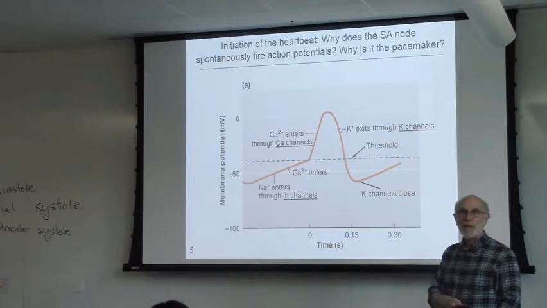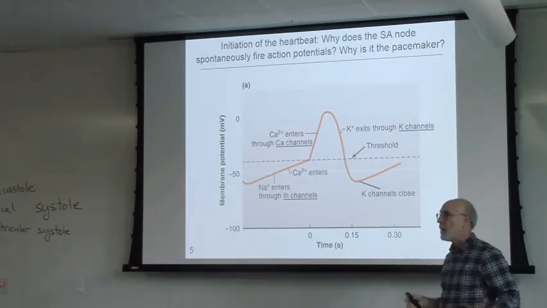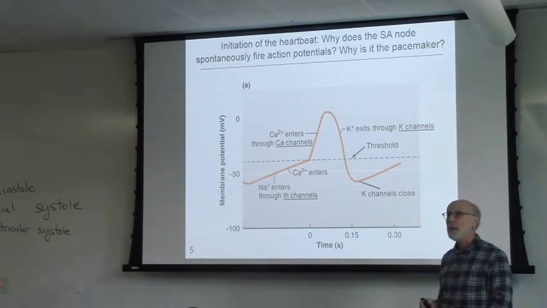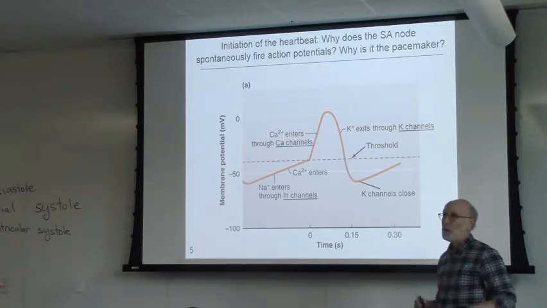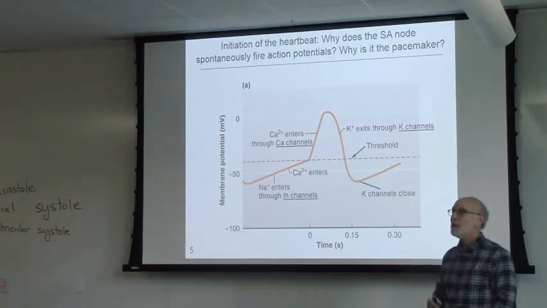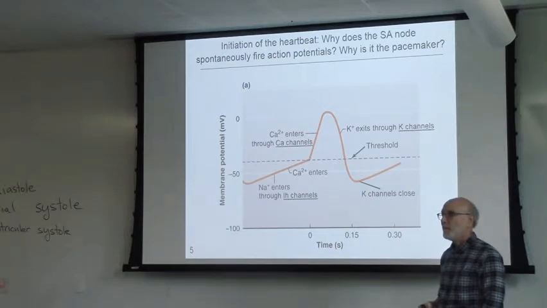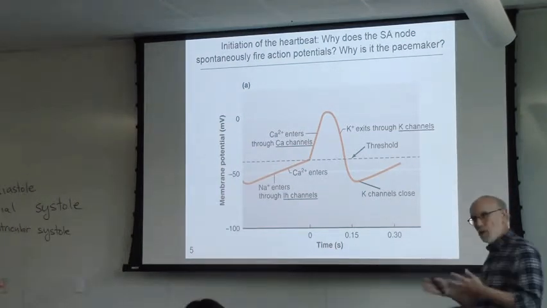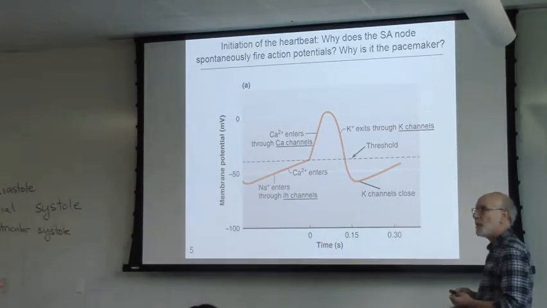Faster if you're exercising, slower if you're sleeping, but let's just say about once per second, 60 beats per minute is a normal heart rate. That's a reasonable guess for a heart rate. My heart is probably beating closer to 75, yours might be beating closer to 55. Around 60 beats per minute, 1 beat per second.